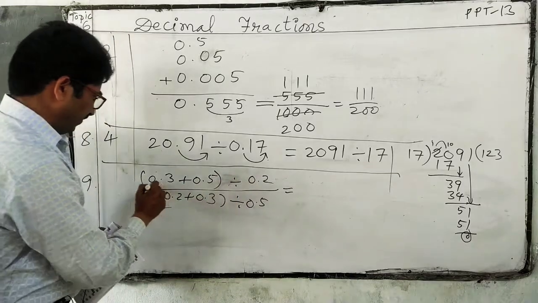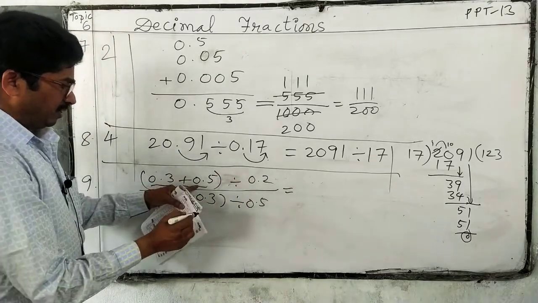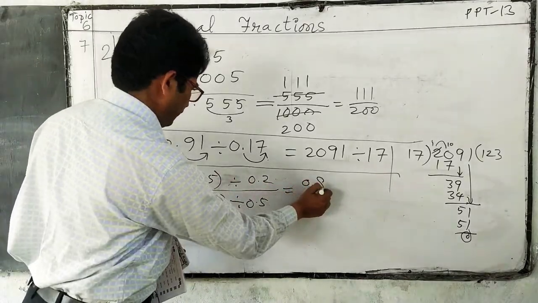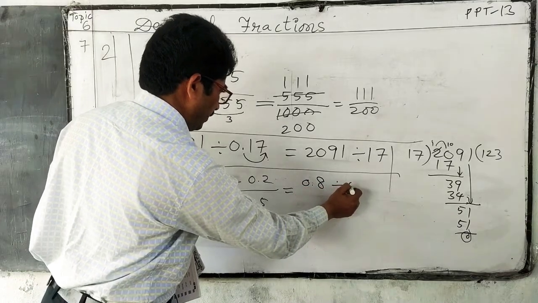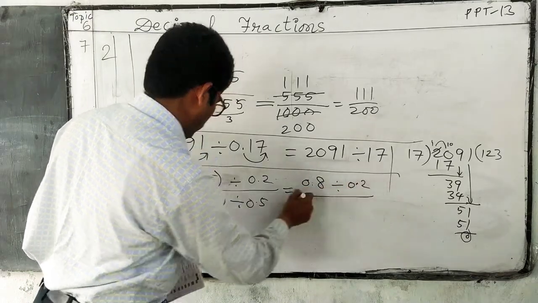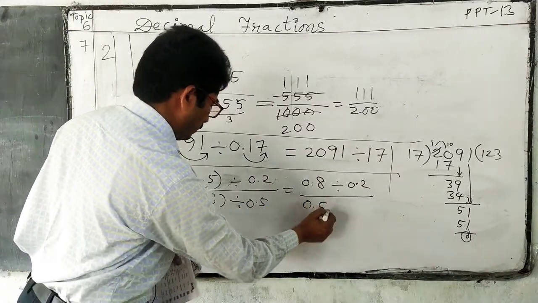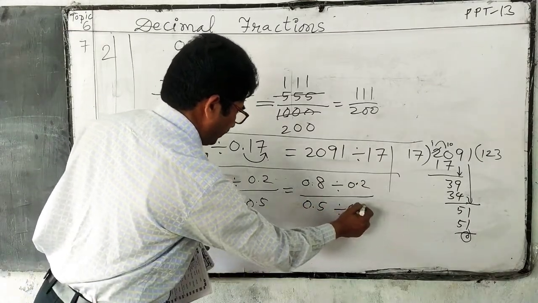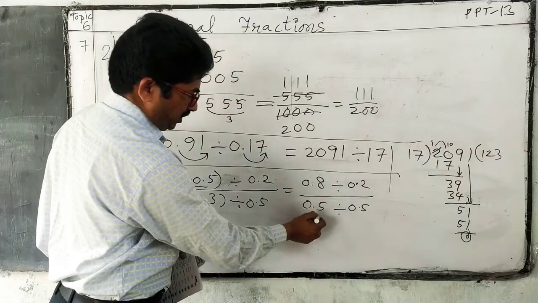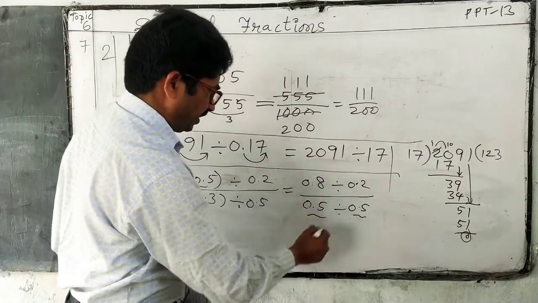First we have to simplify this. 0.3 plus 0.5 is 0.8, divided by 0.2. 0.2 plus 0.3 is 0.5, divided by 0.5. These both are the same, that's why we get 1.